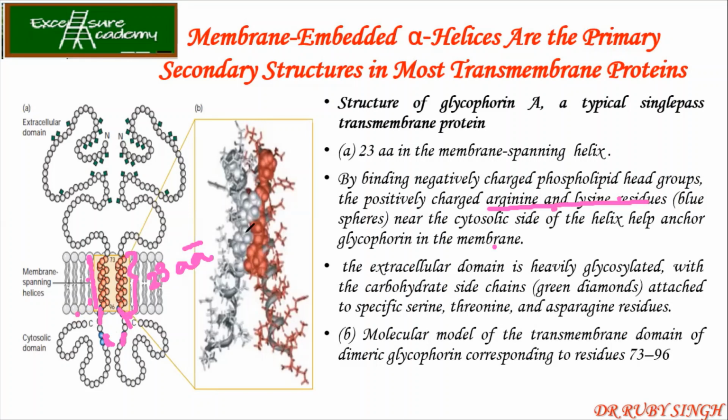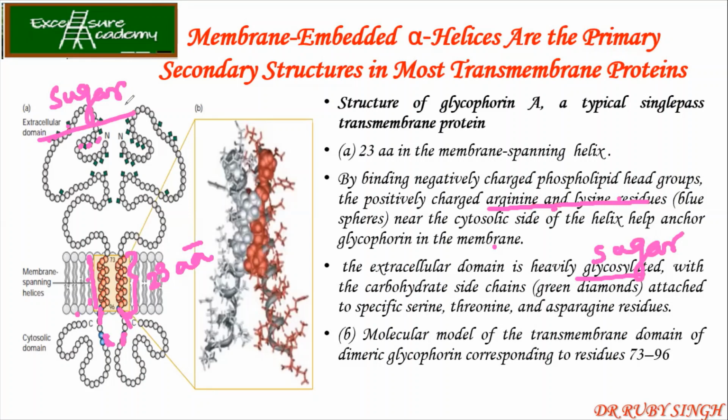Now, the extracellular domain is heavily glycosylated. What does it mean? It means it has the sugar moiety present on the extracellular side. The green diamond-shaped dots you are seeing are the sugar moiety. If I say that glycophorin is a glycoprotein, is it correct to say so?